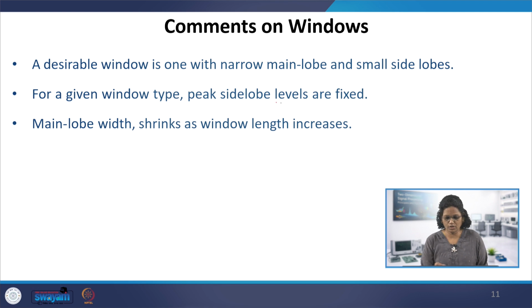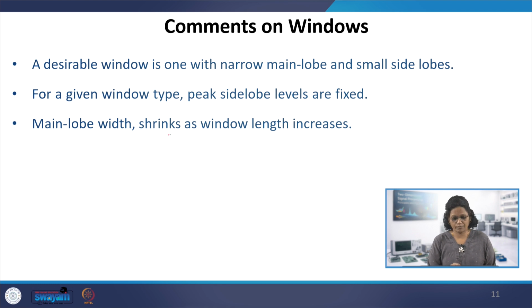The rectangular window will have 13.3 dB, and the other types of window will have different fixed values. This cannot be changed, because choosing different windows, Hamming and others, would cause the side lobe level to vary, and at the same time the main lobe width would increase. So we will explore which windows can be used in the design, what the drawbacks are, and what constraints apply.